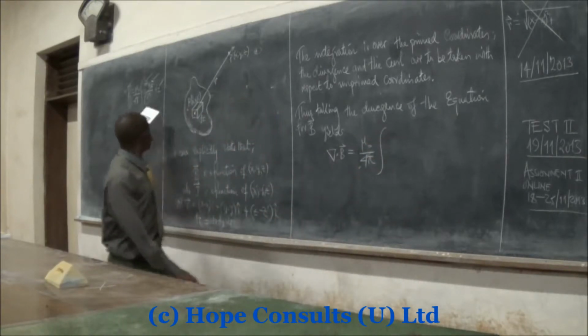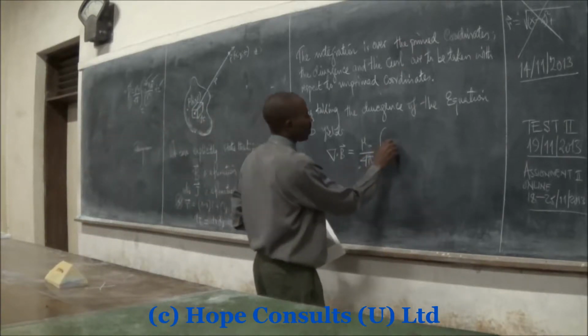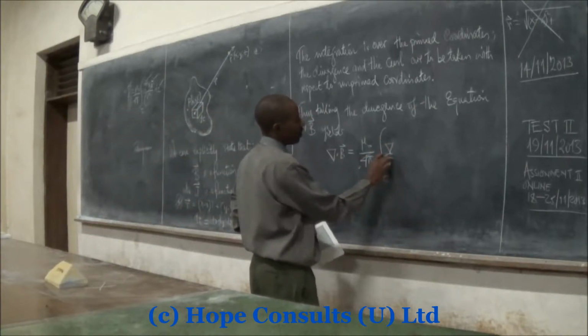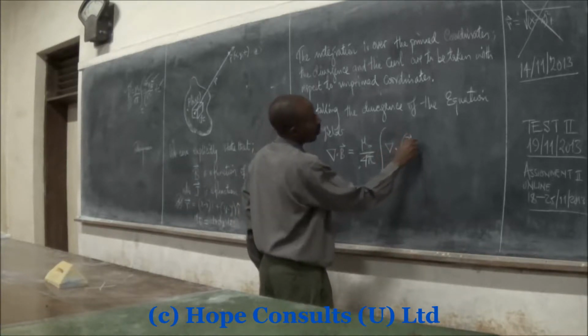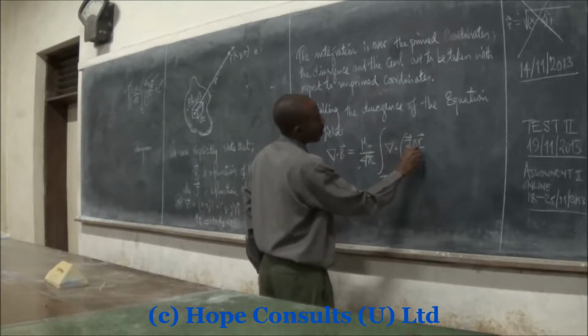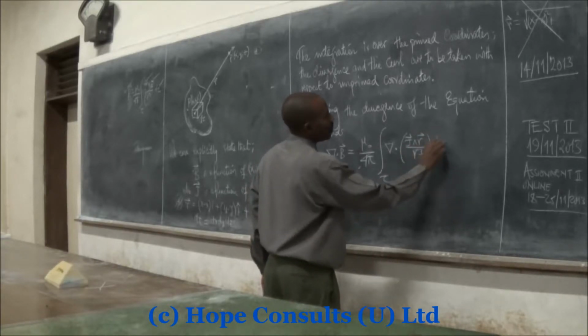Then we take the divergence of this whole thing, which is still over the volume tau, divergence of J cross R over R cubed d tau.